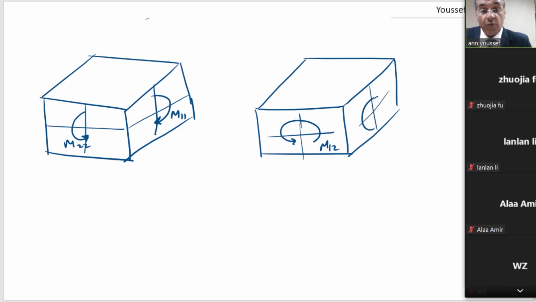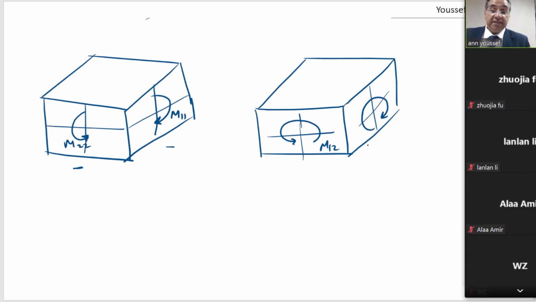This one is M12, is twisting moment. M11 and M22 want to break this element. They want to break it. But this one, M12, it wants to twist this area.